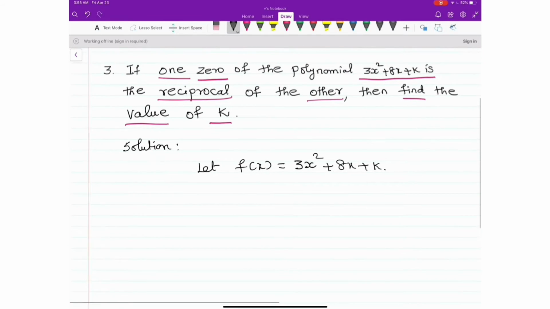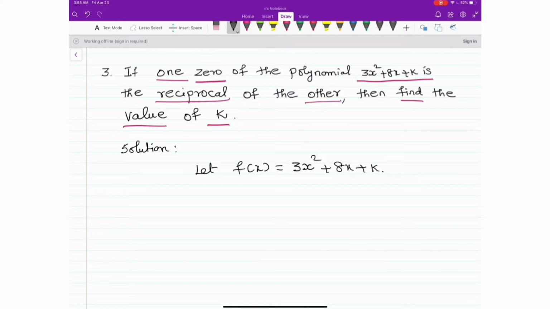What else is given? One zero of this particular polynomial is the reciprocal of the other. So you can always take the zeros of this particular polynomial as alpha and 1 by alpha. Let me write that for you.